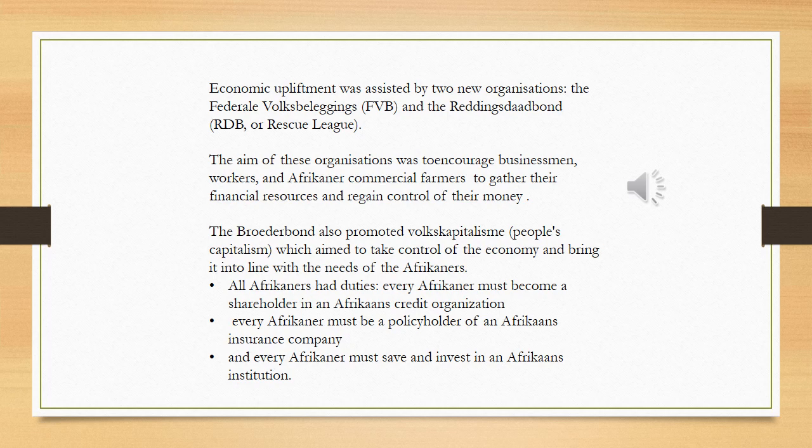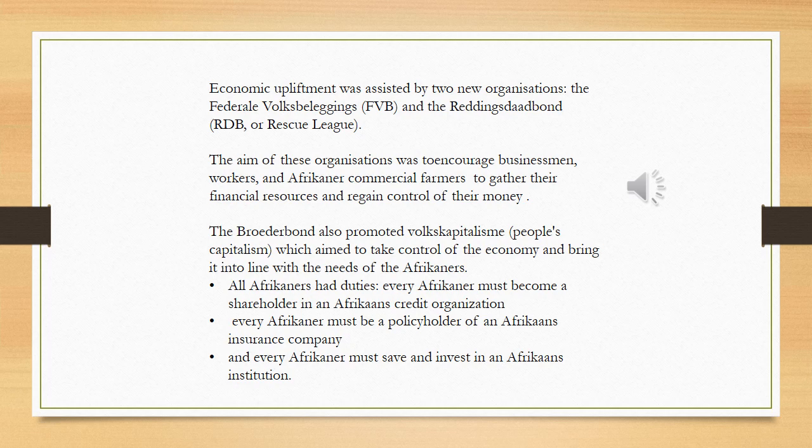The Broederbond also promoted people's capitalism, which was aimed to take control of the economy and bring it into line with the needs of the Afrikaners. What I'm saying is the Broederbond wanted to control the economy of the country and make it benefit whom? The Afrikaner. Yes, ladies and gentlemen.